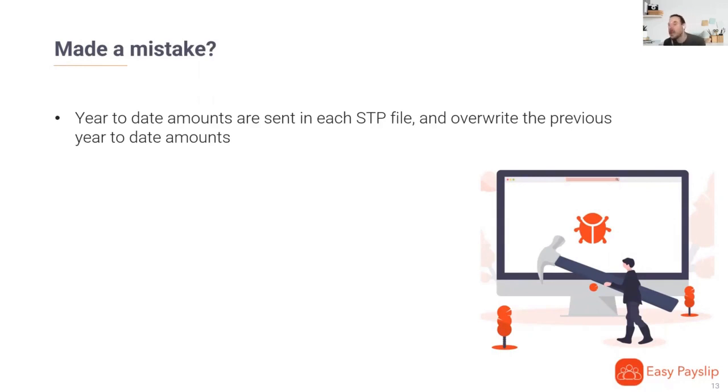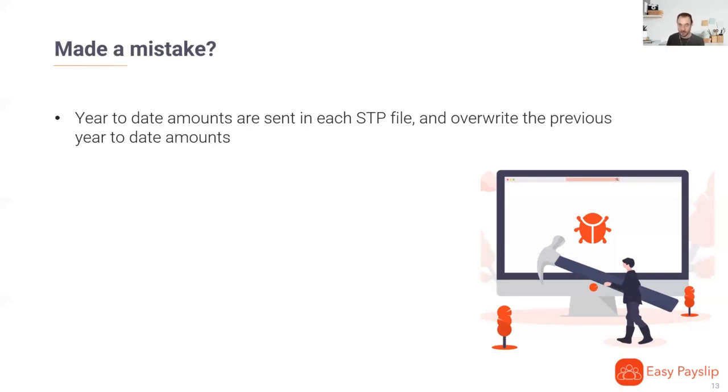So when you send an STP file, it's actually sending the year-to-date amounts each time. So what that means is when the ATO receive it, it overwrites the previous values it had for each of your employees. So if you've got a payslip wrong, you send the STP file, and then you realize you've made a mistake, you can go into Easy Payslip, you can delete the payslip, so that will back out any values to do with that payslip.